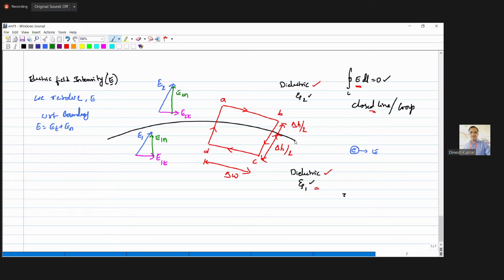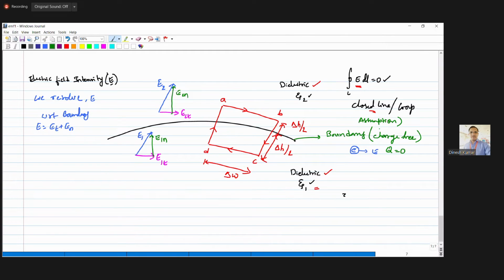Here the black color line is nothing but the boundary. We are making one assumption with respect to the boundary. What is that assumption? The boundary is charge free. Charge free means that on the boundary the value of charge will be equal to 0.